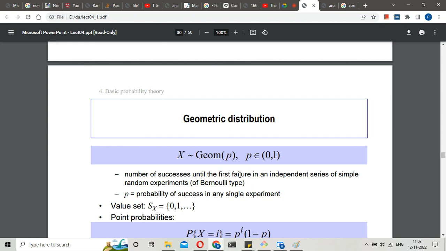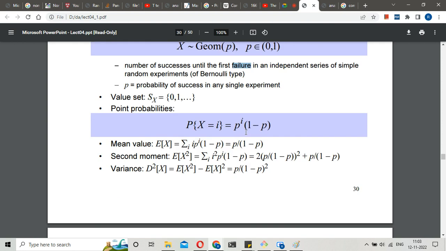We call it the first failure. Suppose you define success as head and getting tails as failure. So I am asking, if I toss my coin, what is the probability I will get tails on the sixth time? That probability we calculate using this formula, p to the power i times 1 minus p.